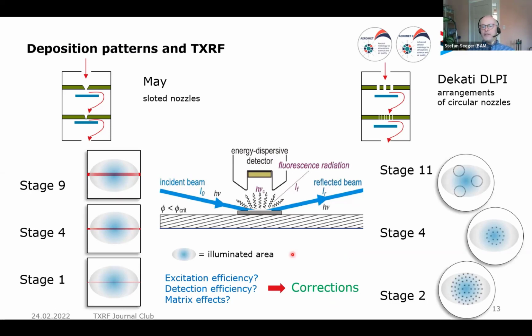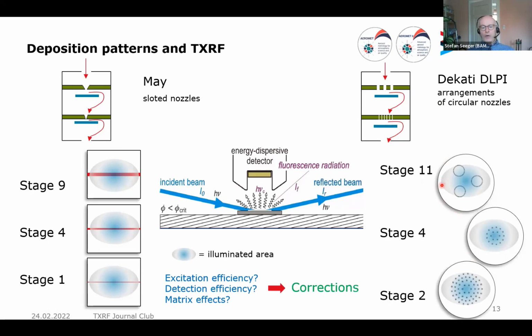On the other hand, we have the CATI, where the deposition structure is an arrangement of dots, which are shown here. The stages have different deposition patterns, and it might be the case, as indicated here, that these patterns are not fully illuminated by the incident XRF beam. So the question is here, how good is the excitation of the deposit?